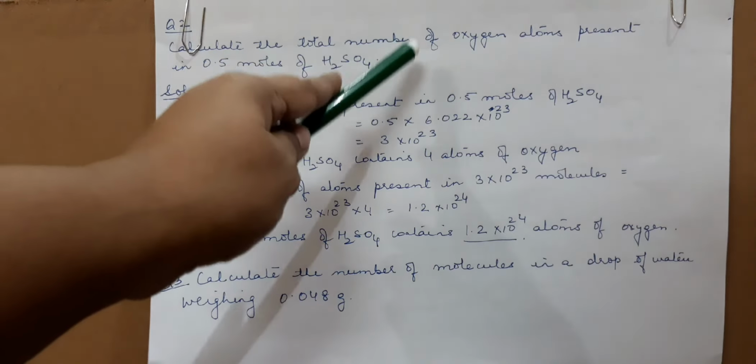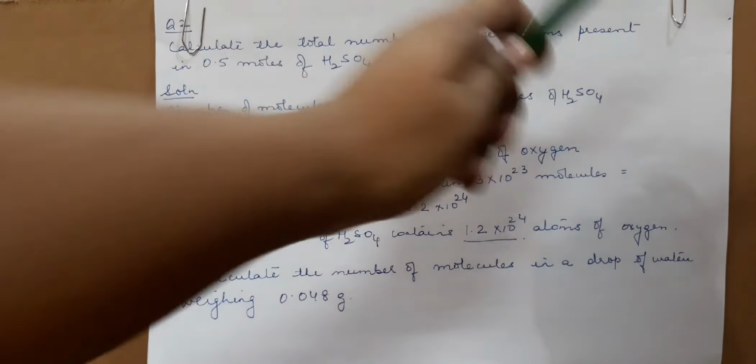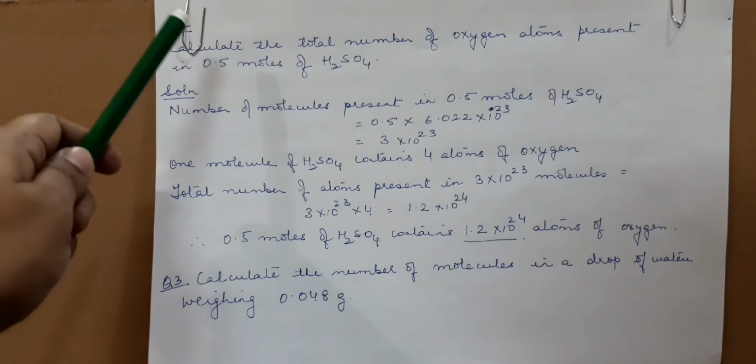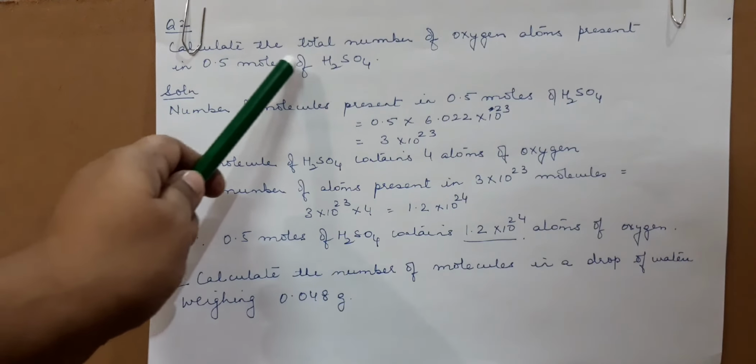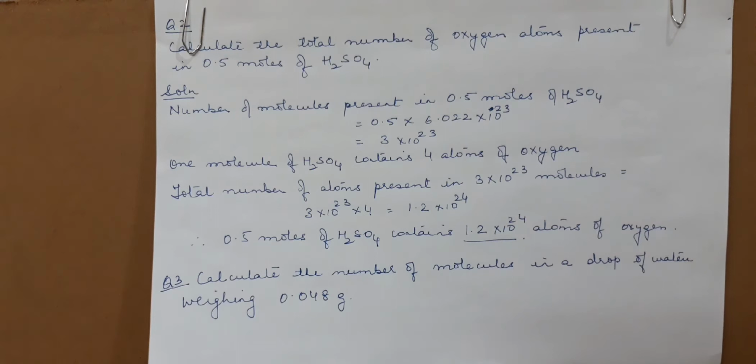Another question. Calculate the total number of oxygen atoms present in 0.5 moles of H2SO4. Simple question, as you have done in class 10 also.